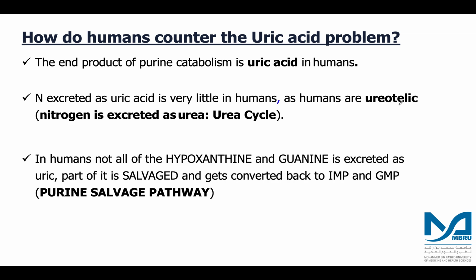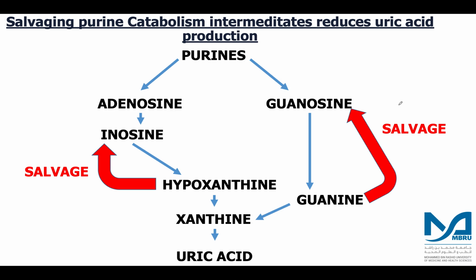So through these two mechanisms, human beings are able to counter the uric acid problem. So if I want to understand what I just said quickly, we have purines, adenosine and guanosine. Adenosine is converted to hypoxanthine through the intermediate inosine.